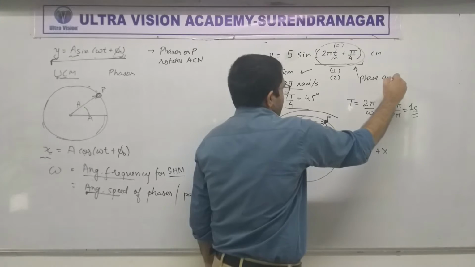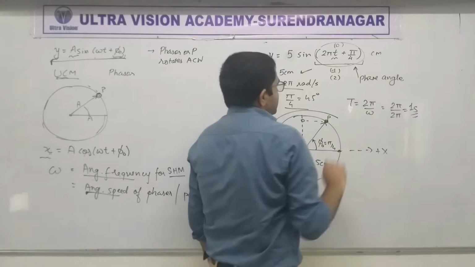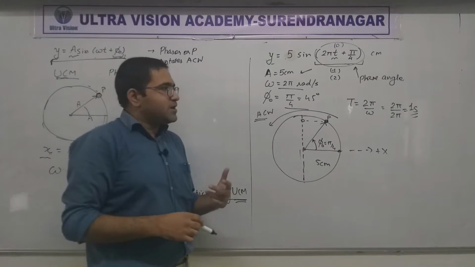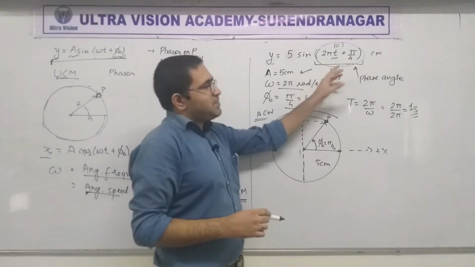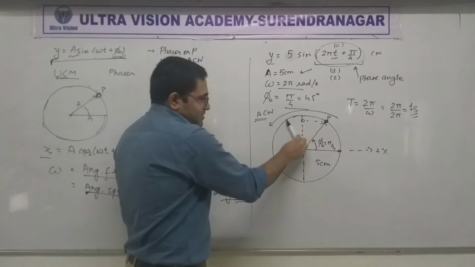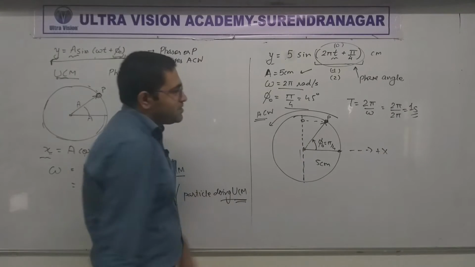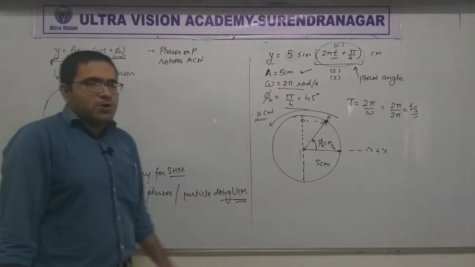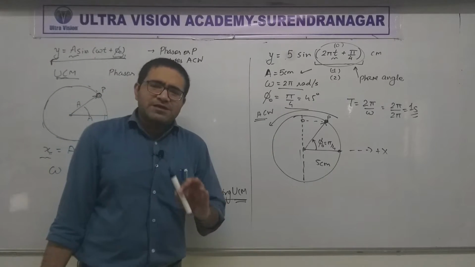This whole angle is called the phase angle, right? So as time passes, the phase will increase. Understood? Phase will increase means this angle will increase gradually. Is it fine? So it will rotate anti-clockwise. Remember, trigonometry says that anti-clockwise angle is positive and clockwise angle is negative.